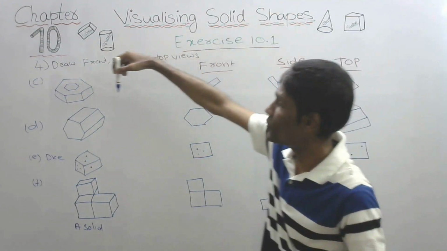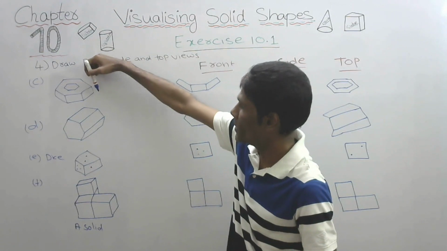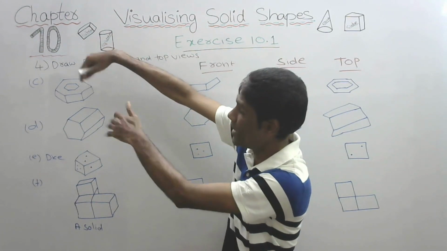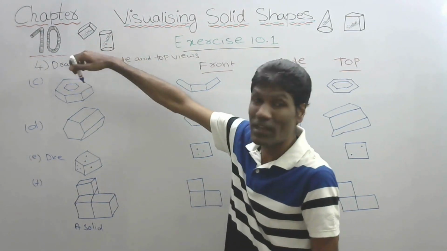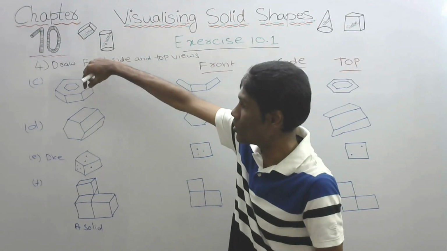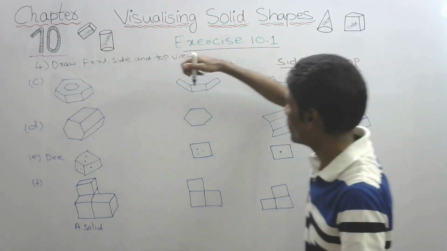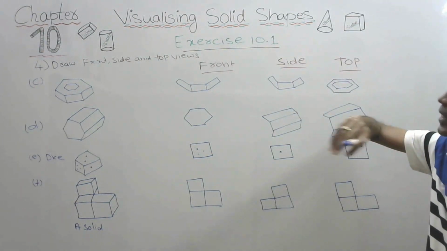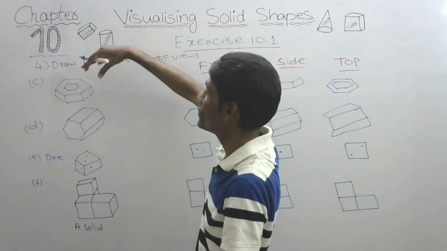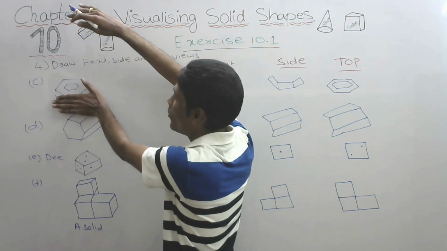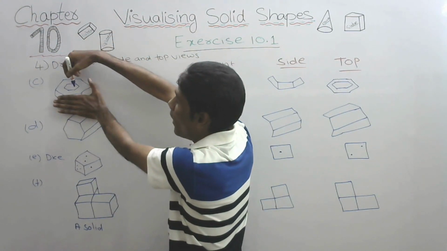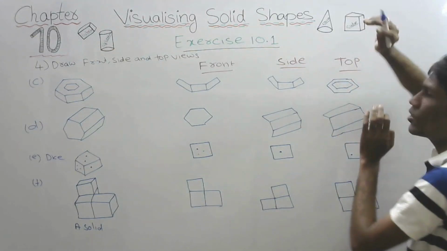And if you see from the side, that is, if you go to other side, from the other side also, it will look in the same manner. That is, if you rotate also, the same figure will repeat. So the side view also, it will be same. And the top view, when you see from the top, this is not visible, only this part, upper part, that is top view.